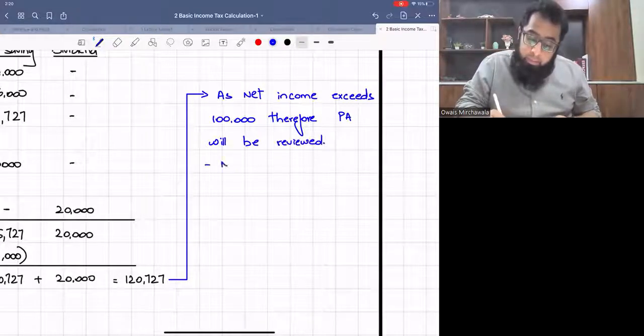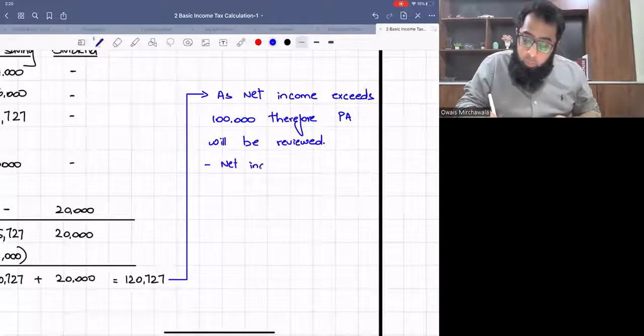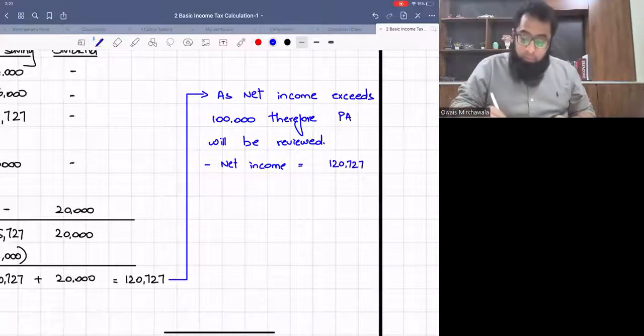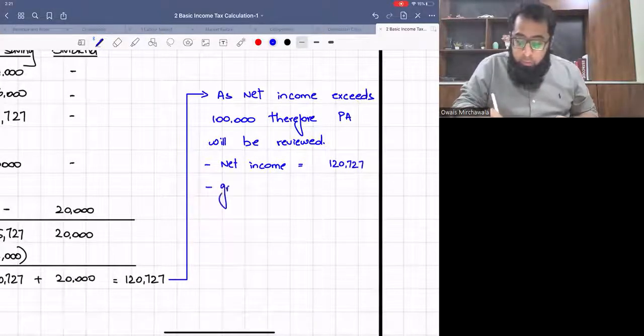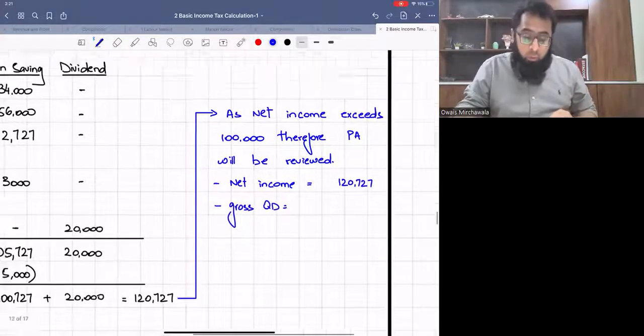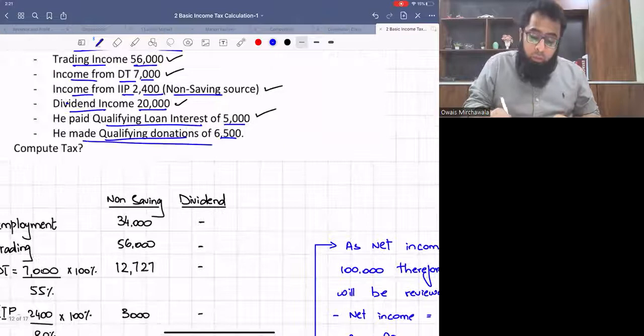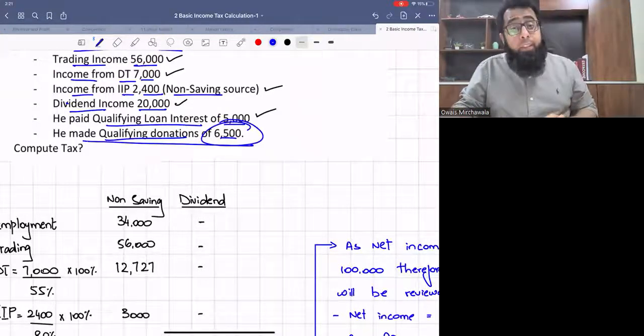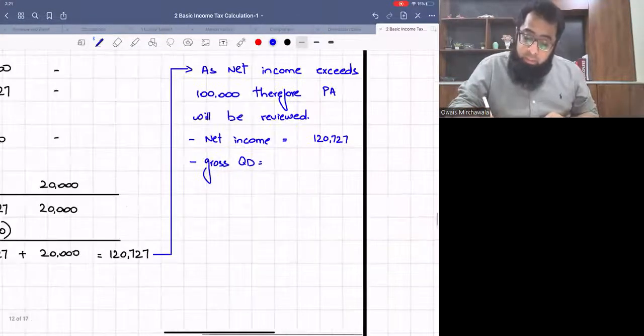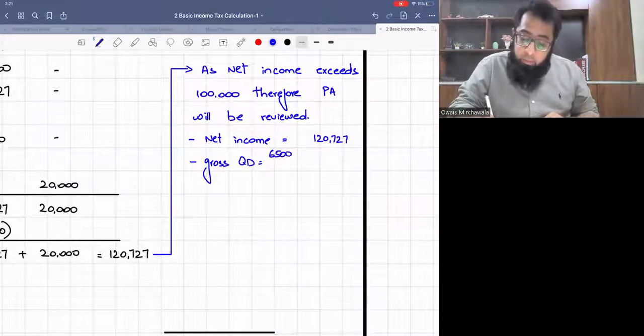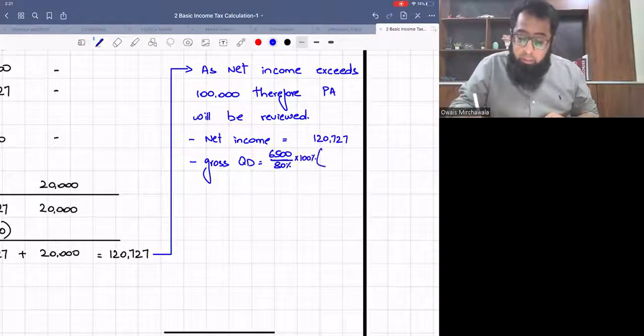The net income is 120,727. We will deduct the gross qualifying donation from it and the personal pension contribution. Our gross qualifying donation, we need to gross it up because we contributed 6,500. So divided by 80%, multiplied by 100%.